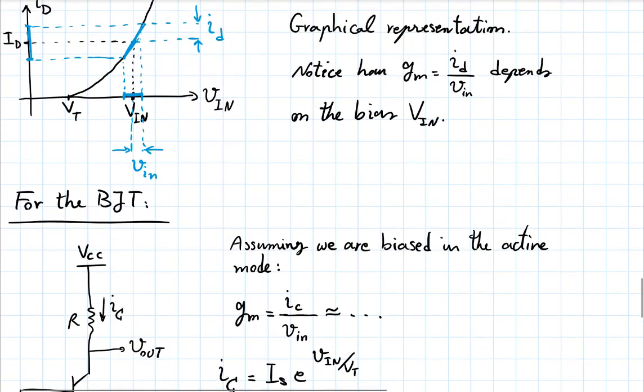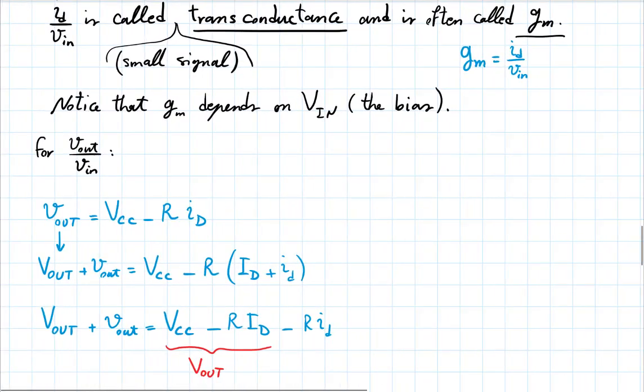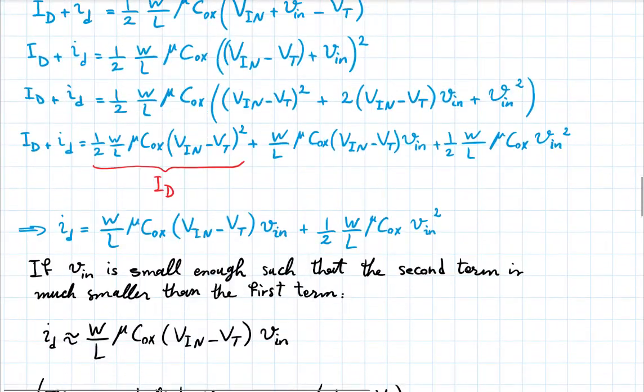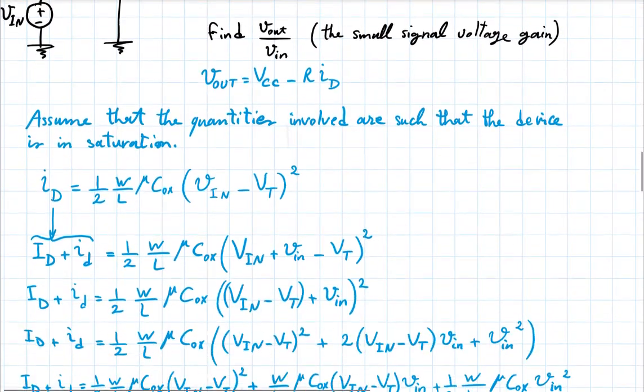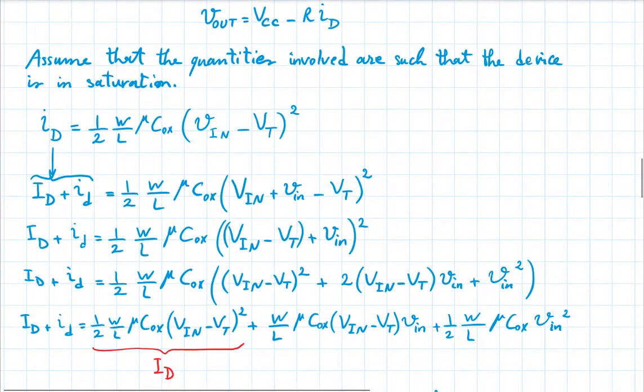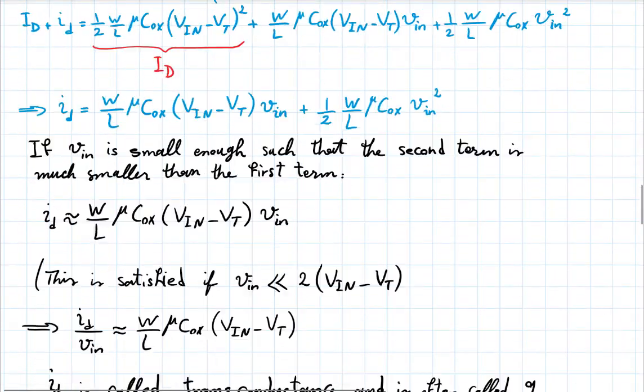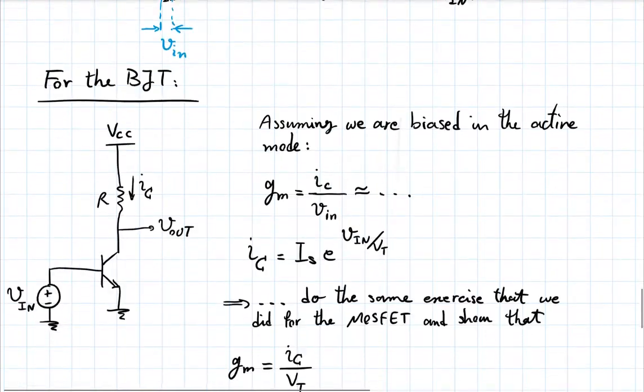Do this at home. Go through those steps. This is, again, an exercise that will reinforce this concept. All you're doing is the same thing, except that instead of the second order equation, you have an exponential.